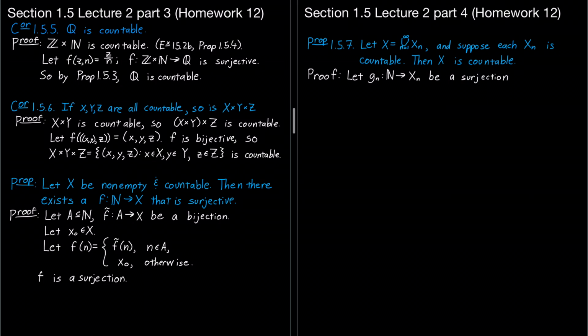And let F go from the natural numbers Cartesian product with itself to X be given by F of (n,k) is G sub n of k.